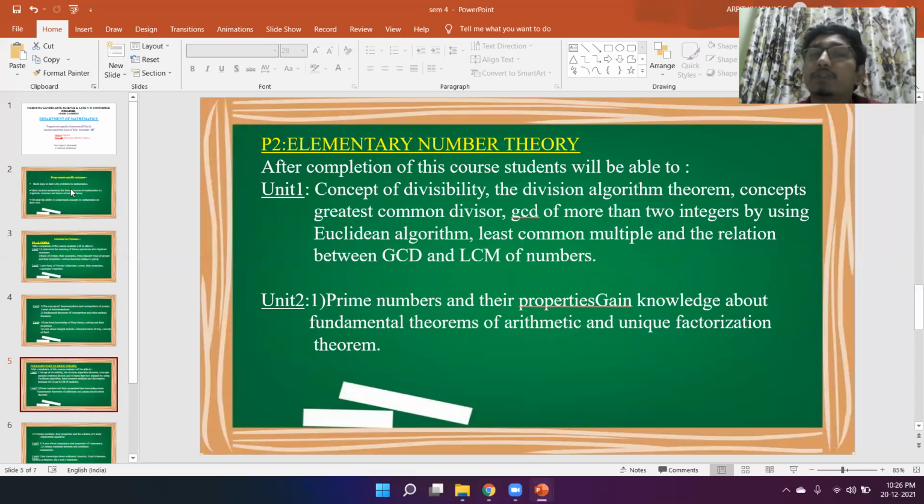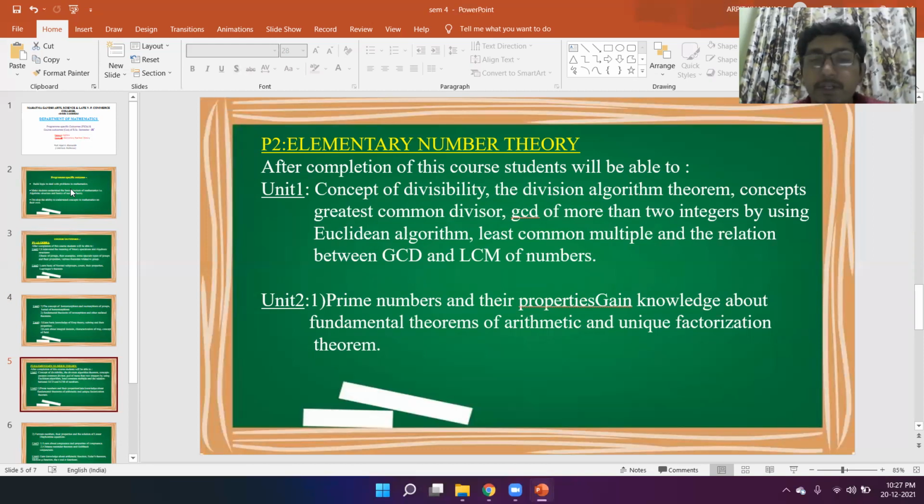We discuss in BSc Mathematics the division algorithm theorem, the concept of greatest common divisor, GCD, and LCM. We have been solving problems since school days, but here we discuss what GCD and LCM of numbers actually are, the methods of finding the GCD and LCM of more than two numbers, and various theorems related to that.